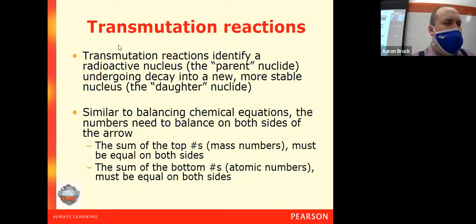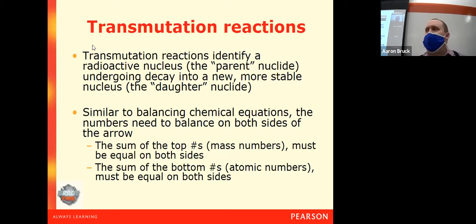So the part we're going to look at next here is something called a transmutation reaction. Transmutation reaction is basically just another way of saying a nuclear reaction. Because what happens in a transmutation reaction is we have some kind of radioactive nucleus, otherwise known as the parent atom.